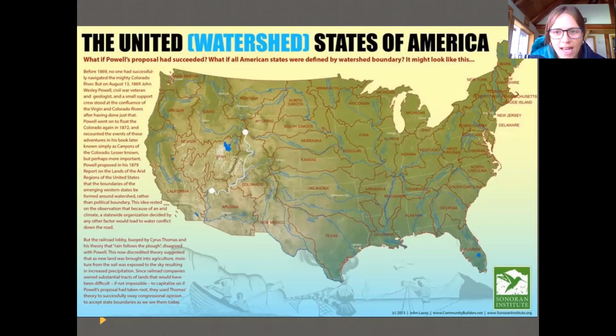So if we worked with basically the states that we have now, but tried to rearrange them so that they would be functional within certain watersheds, this is a proposed way that we could do this. So you can see how these states get a little bit funky, but then you can see how they're capturing big portions of watersheds. So anyway, interesting concept.